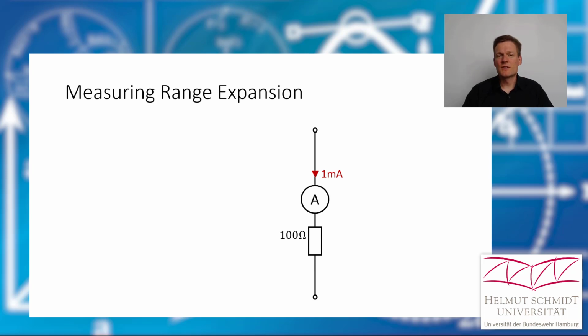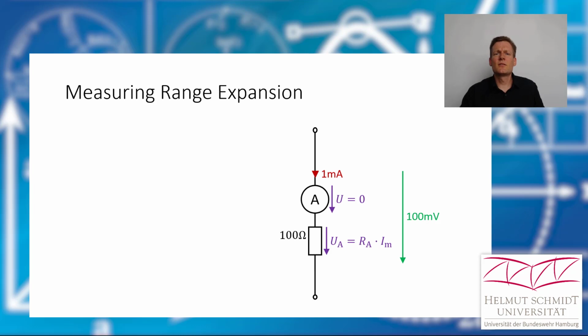In our equivalent circuit, the ammeter itself is an ideal device, and the voltage drop occurs at the resistance. So that means the voltage drop here would be the internal resistance multiplied with the current. So the maximum voltage drop that could occur here would be 100 millivolt.